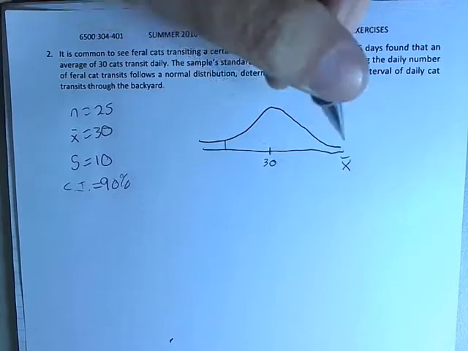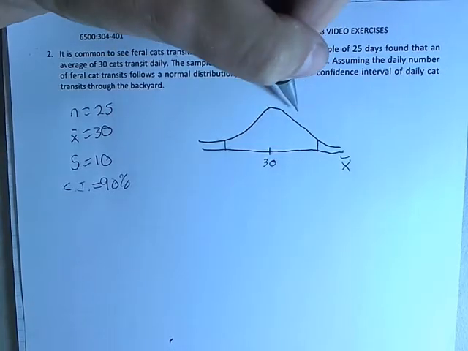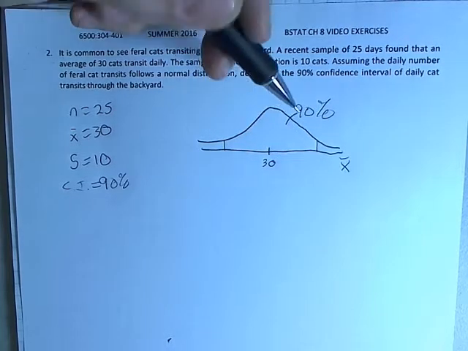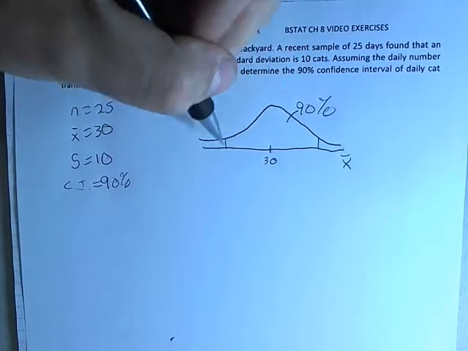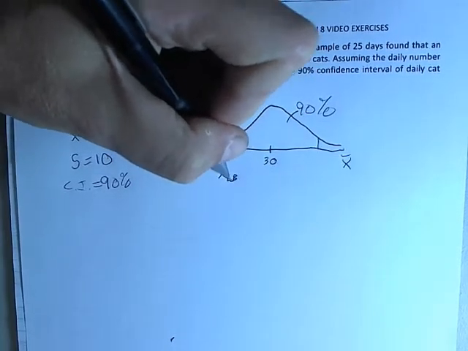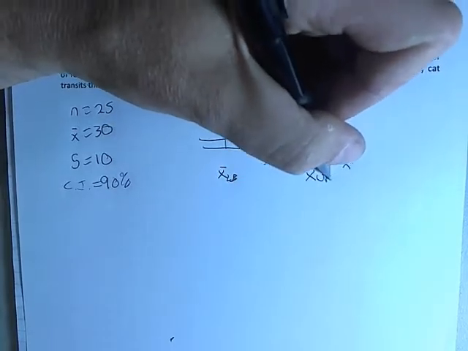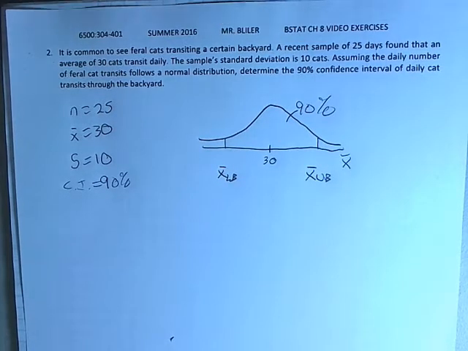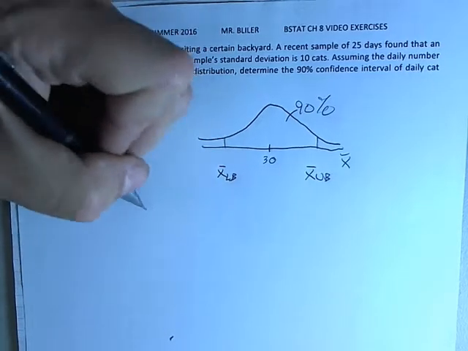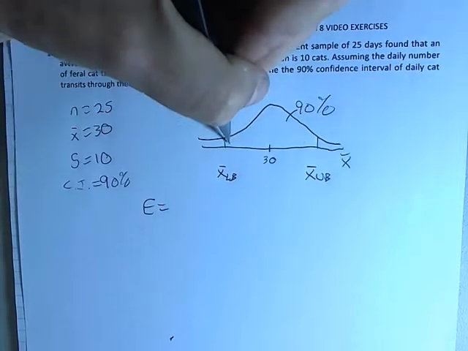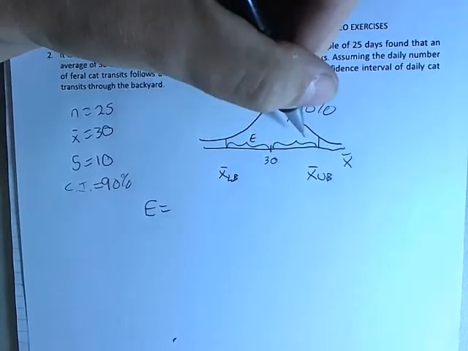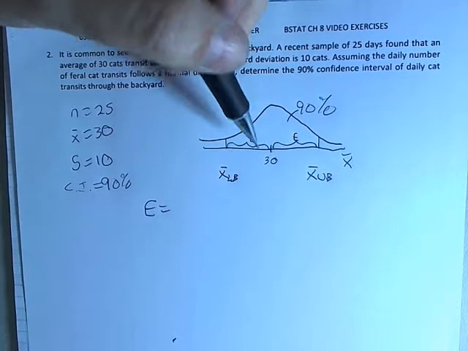But we're asked to work that into a 90% confidence interval. So therefore, interval says come up with two values, a lower boundary value and an upper boundary value, and that's what we're going to do here. So let's go ahead and jot down the formula here to come up with the appropriate margin of error.